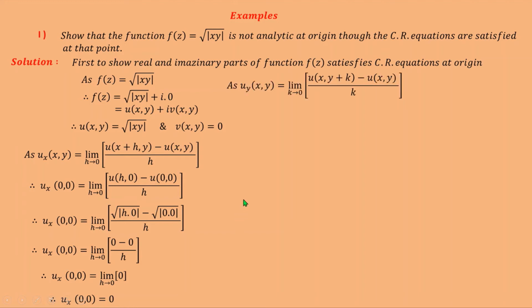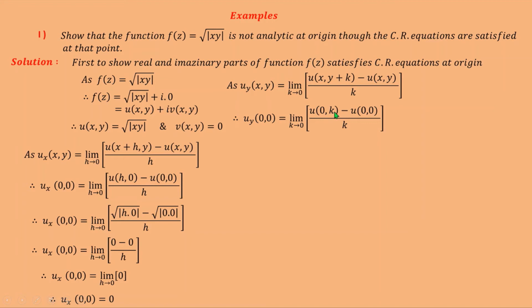Now we have to find u_y at (0,0). For that, as we know, u_y(x,y) = limit k tends to 0 of [u(x, y+k) − u(x,y)]/k. This gives the partial derivative of u with respect to y at point (x,y). Now put x = 0, y = 0, so we get limit k tends to 0 of [u(0, 0+k) − u(0,0)]/k.